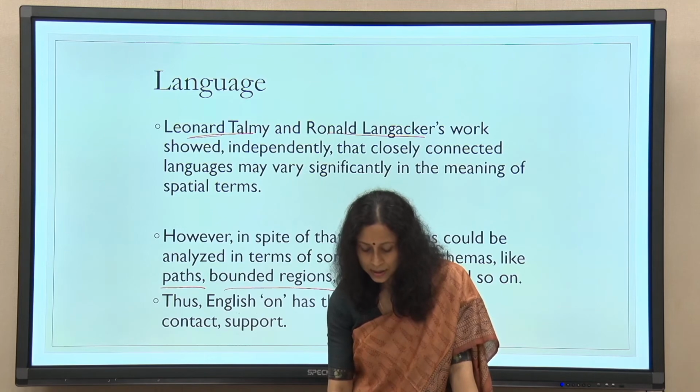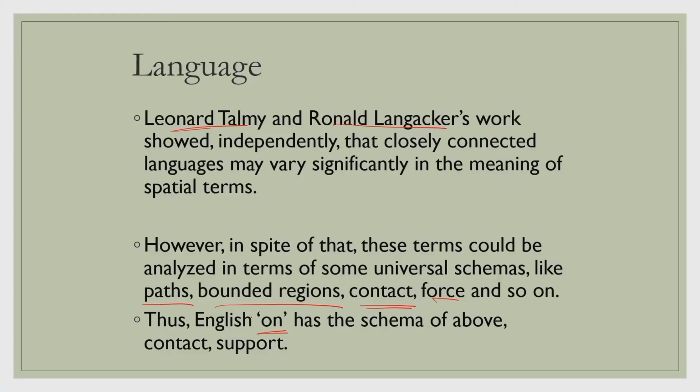So, for example, the English preposition on has the schema of above, contact and support. The moment you say X is on Y, the bottle is on the table, you have to understand these are schematic representations.